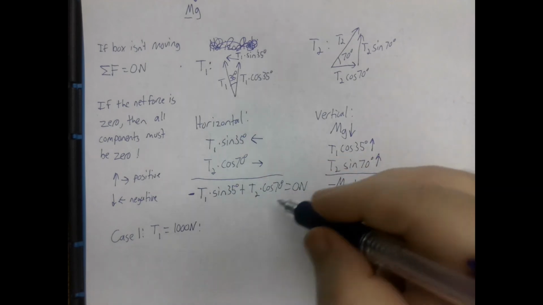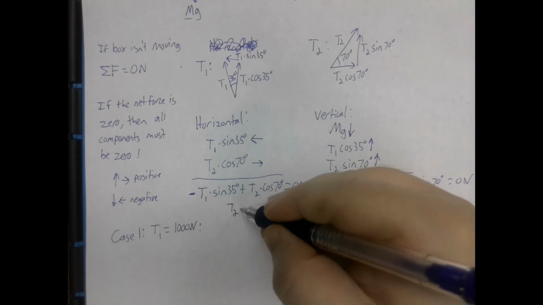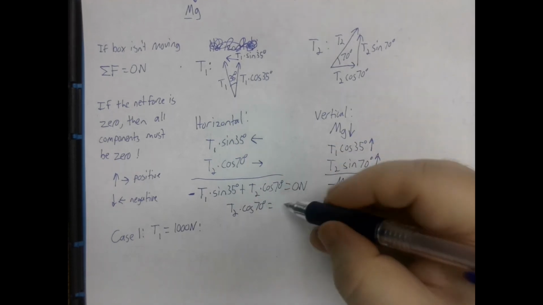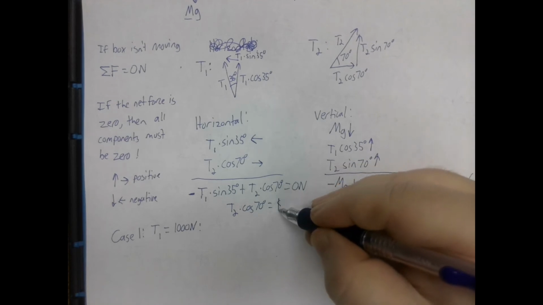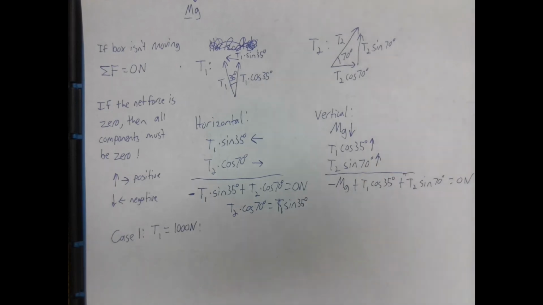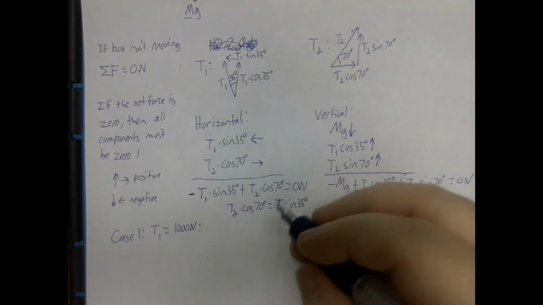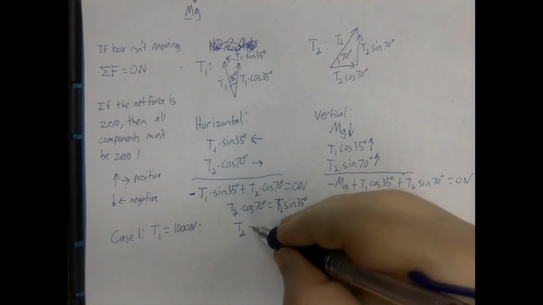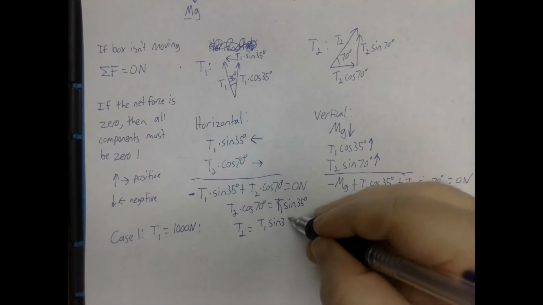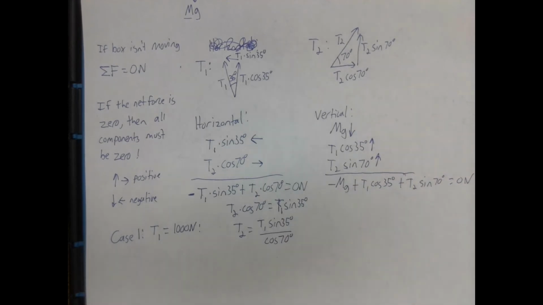Using this equation to solve for T2, T2 times cosine of 70 degrees has to equal T1 times sine of 35 degrees. Dividing by cosine of 70 degrees, T2 is equal to T1 sine of 35 degrees divided by cosine of 70 degrees.